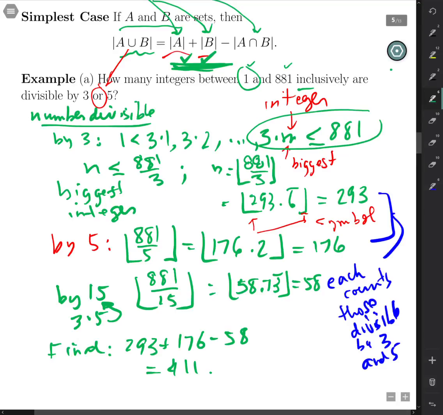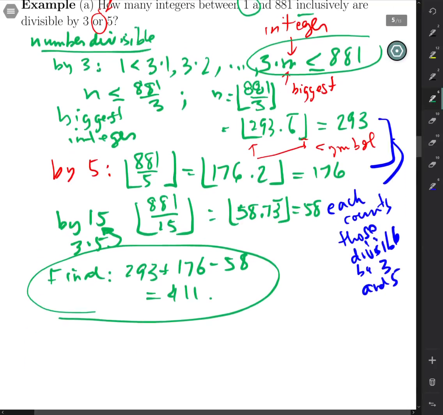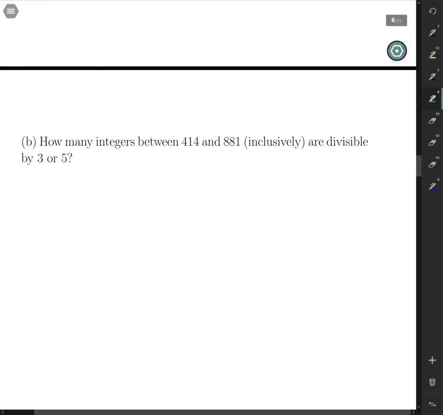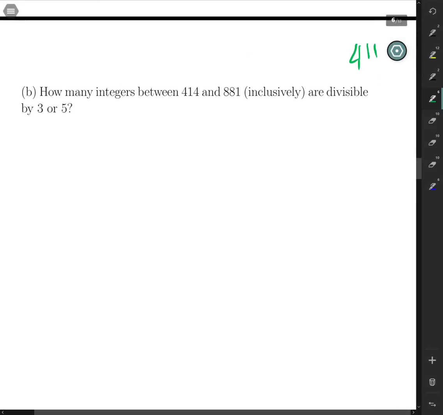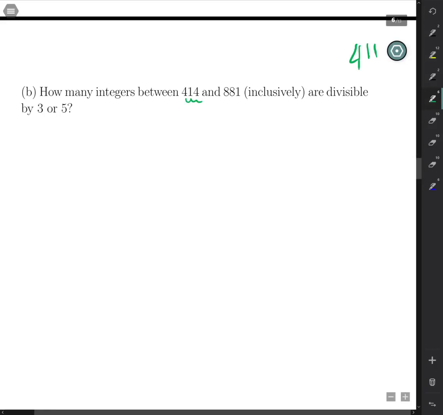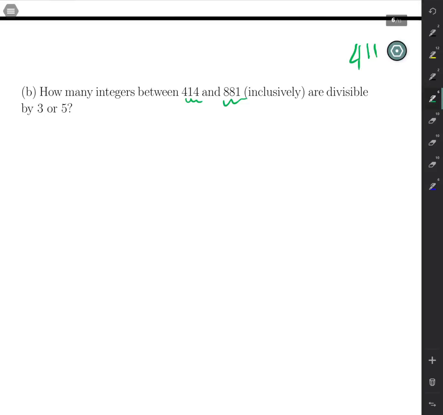Now I want to do a variation on this, but we're going to use this number as we look at the next question here. So 411 is the number we got there. Let me just jot that up here to remind ourselves, 411. So now this question asks how many integers between 414 instead of 1 and 881 inclusively, meaning that we would count these, are divisible by 3 or 5.